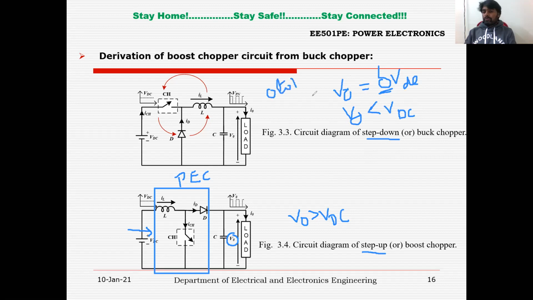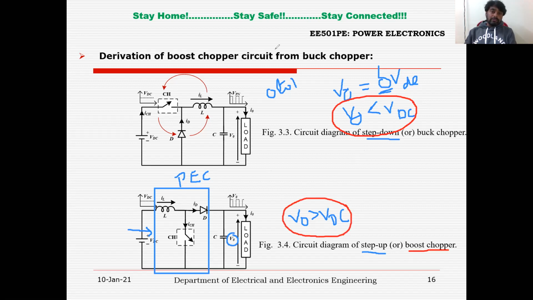So for any value of duty cycle, the output voltage for a buck chopper is always less than the input voltage. But in case of a step-up or boost chopper, we will get an output voltage more than the input voltage. We'll derive the expression for that.